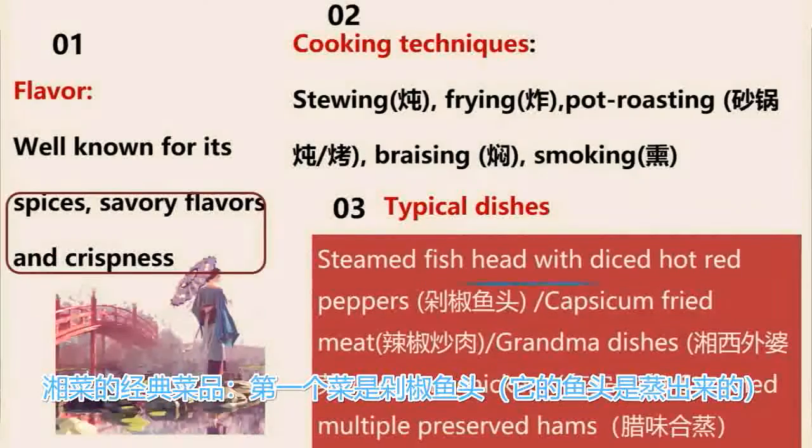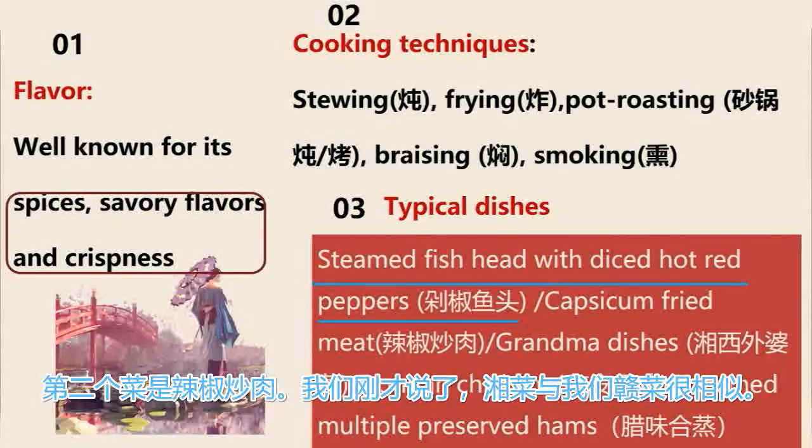And let's look at the typical dishes. First one, steamed fish head. 就是说它的鱼头是蒸出来的 with diced hot red peppers. 剁椒鱼头 and capsicum fried meat. 辣椒炒肉. Just now we said Xiang cuisine is much similar with our Gan cuisine.